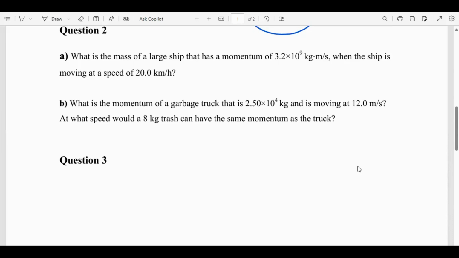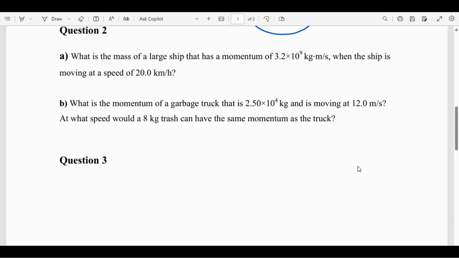Okay, so another question here is saying, what is the mass of a large ship that has momentum of 3.2 times 10 to the power 9 kilograms meter per second when the ship is moving at a speed of 20 kilometers per hour?